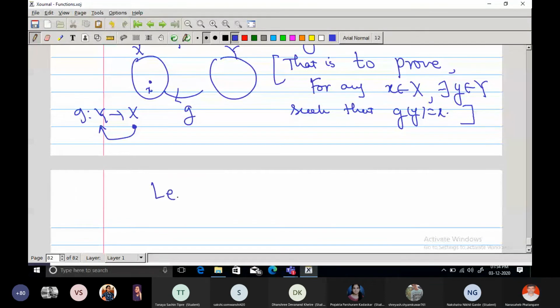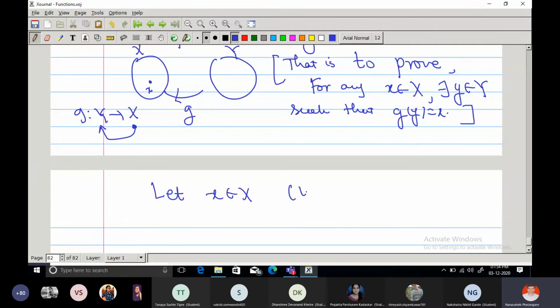Suppose somebody gives you an element from the codomain of g, then your job starts: produce an element in the domain, which is a pre-image. So let x belong to X. What we want is y in Y such that g of y is equal to x.